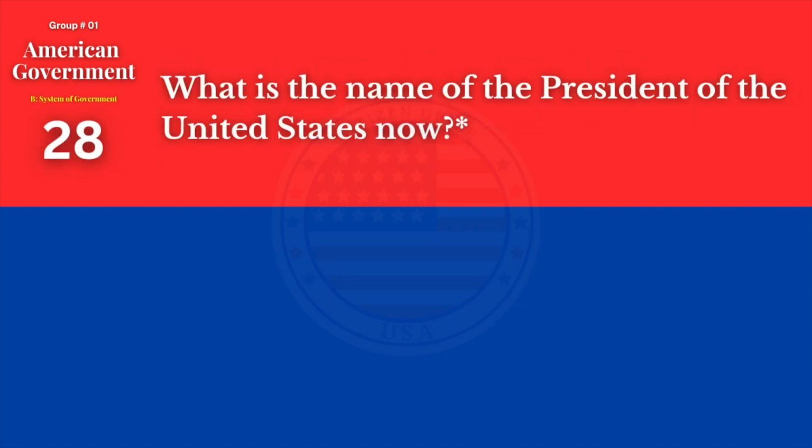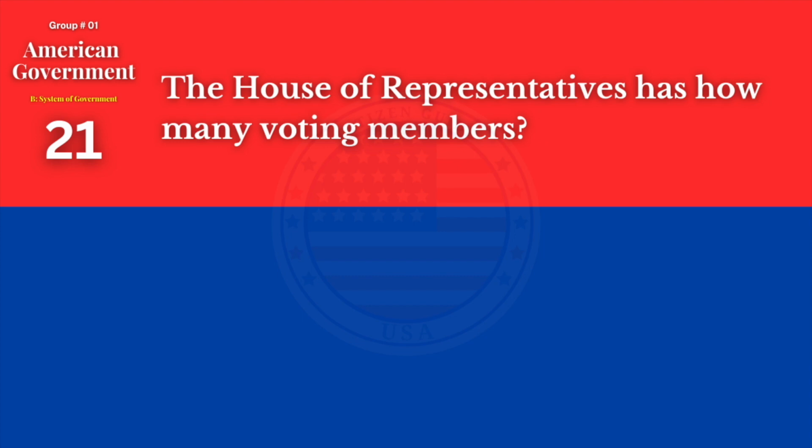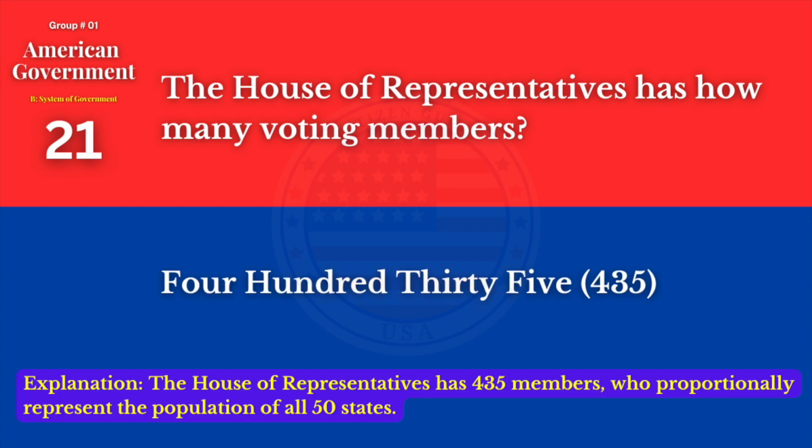What is the name of the President of the United States now? Joe Biden. The House of Representatives has how many voting members? 435.